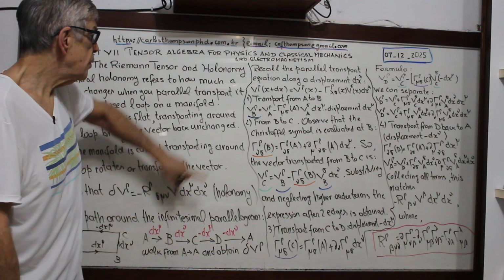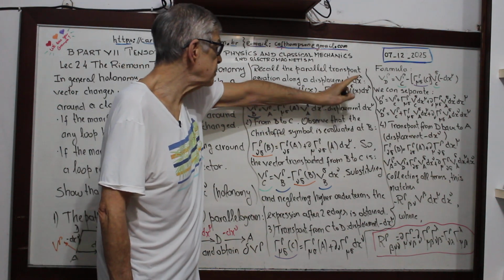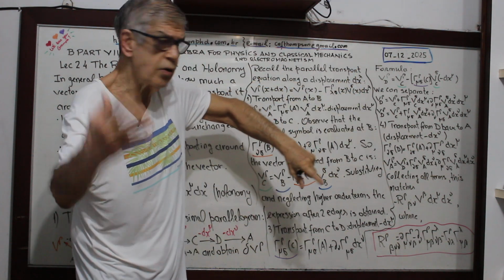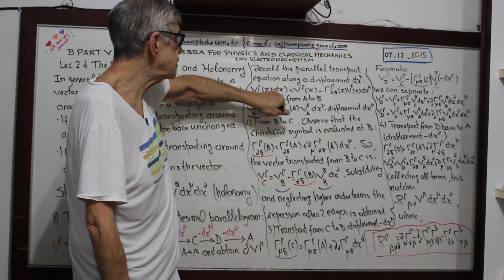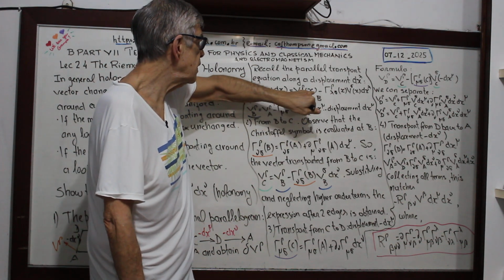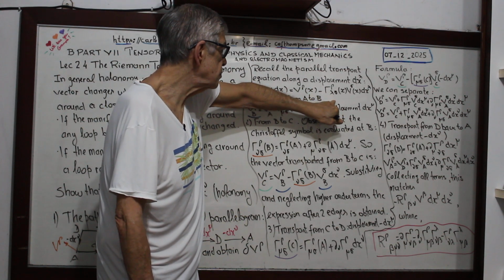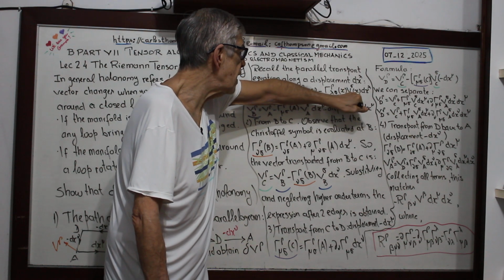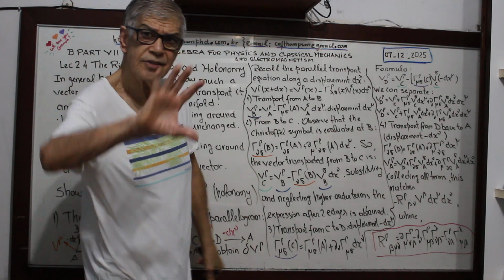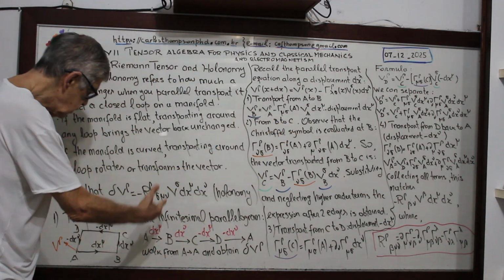Now, recall the parallel transport equation along the displacement dx lambda in general. You see, this is v at x plus dx equals v at x minus the Christoffel symbols at x, that's the v sigma at x, dx lambda. This will be applied to this case over here.